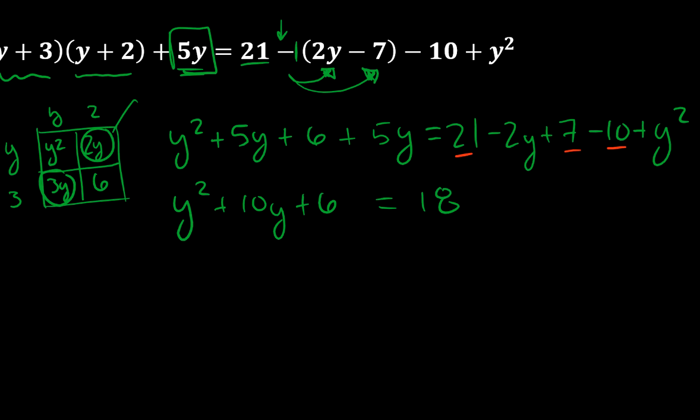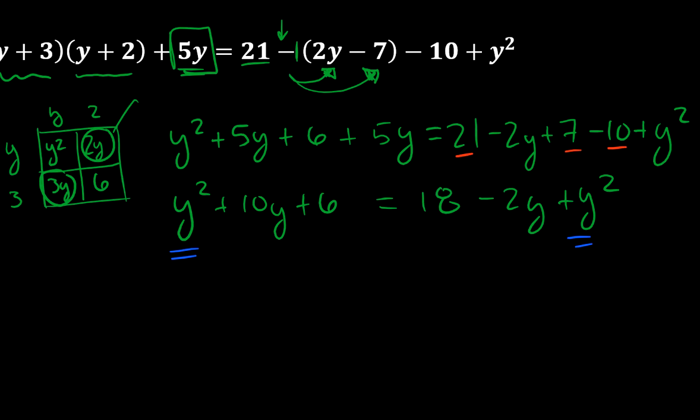The other thing here is there is a negative 2y and there is also a y squared on each side. Fortunately, both sides have a y squared, and I'm going to subtract that from each side. This is not a quadratic, and we don't have to deal with that right now. When I subtract y squared from both sides, it becomes 10y plus 6 equals 18 minus 2y.